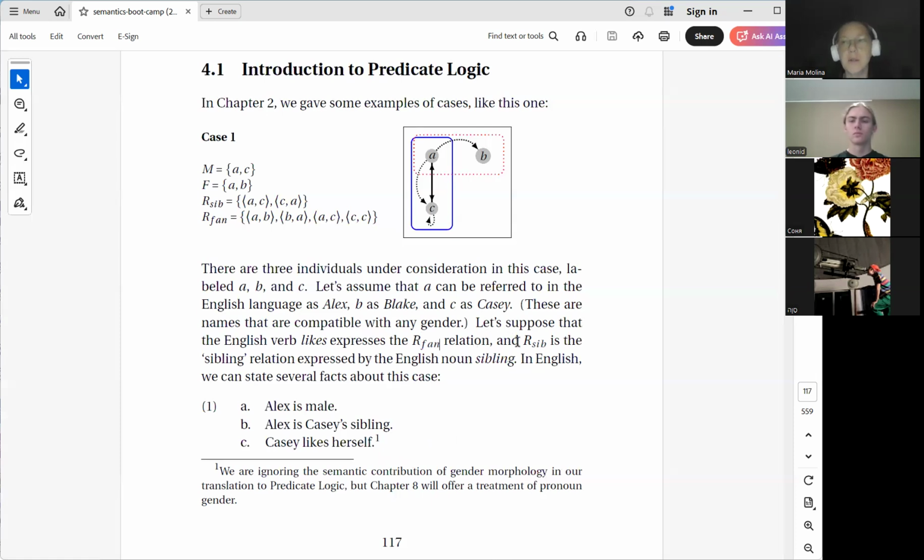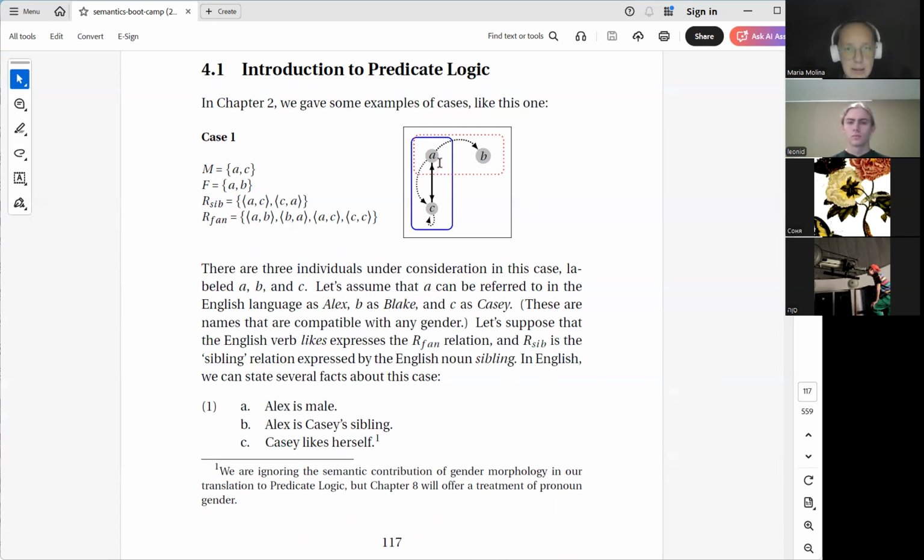And if we're talking about siblings, we express it with the relation R sib. There are several facts about this case. Alex is male.